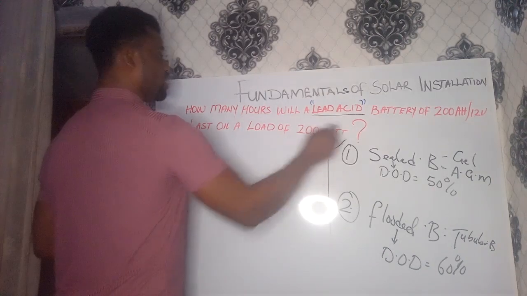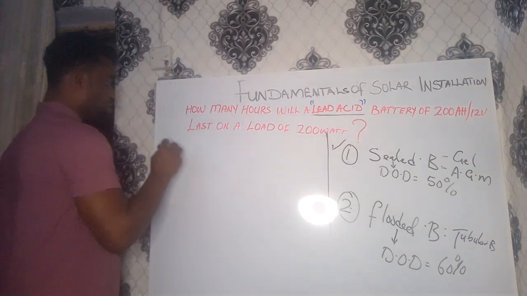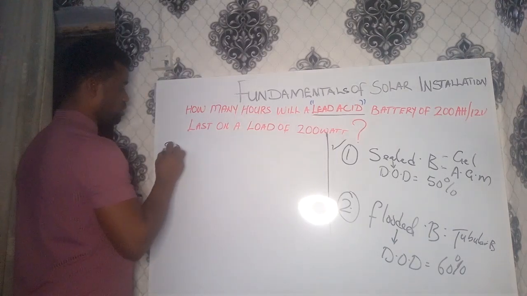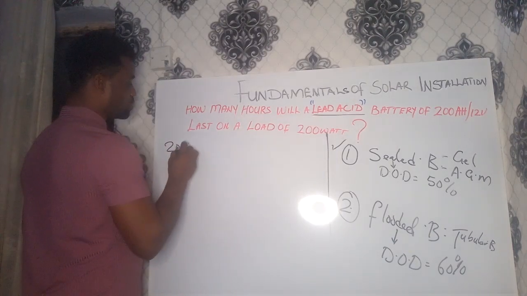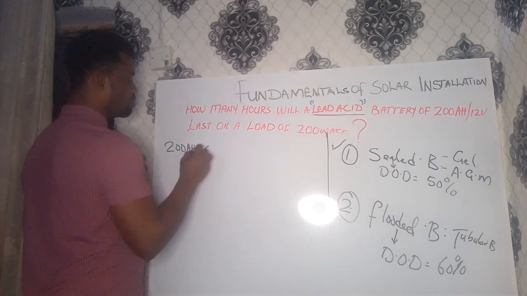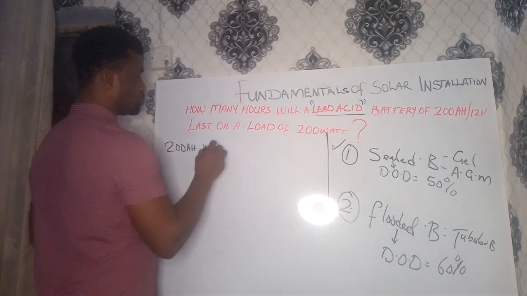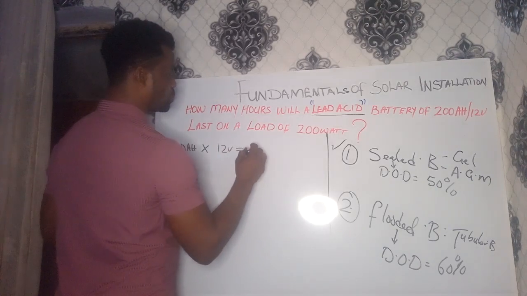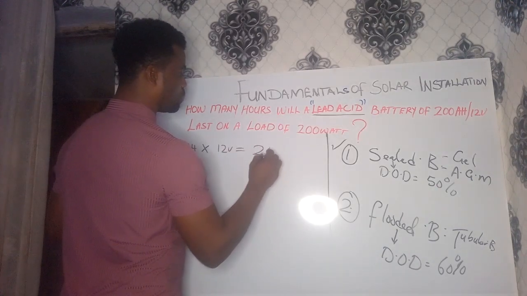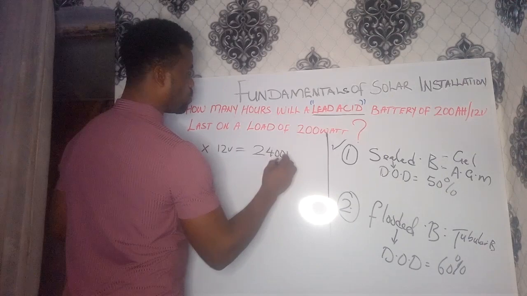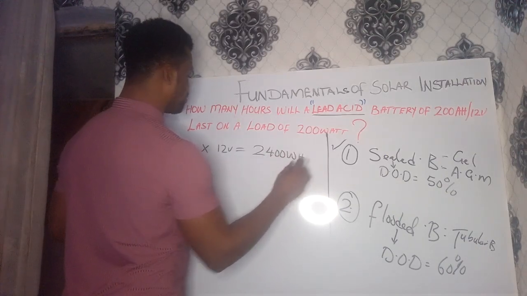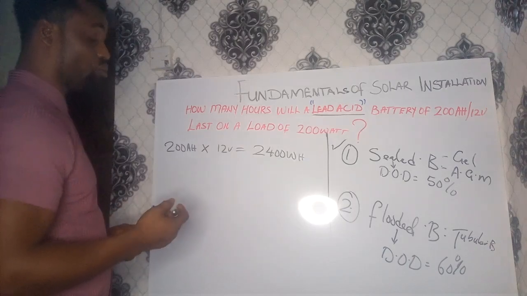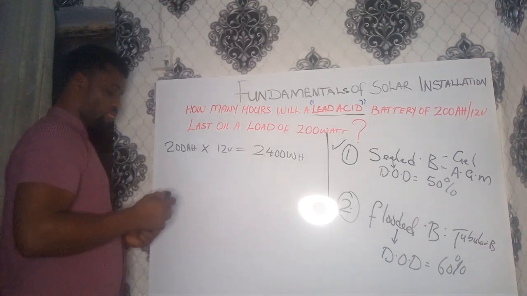For 50%, you have our battery, which is 200 amps hour multiplied by 12 volts, which will give you 2400 watts hour. Remember, amps hour multiplied by voltage will give you watts hour.